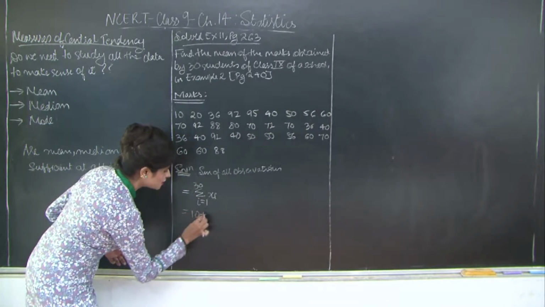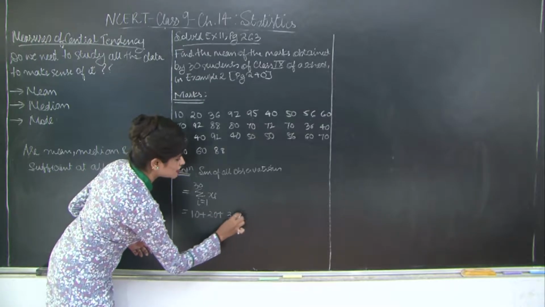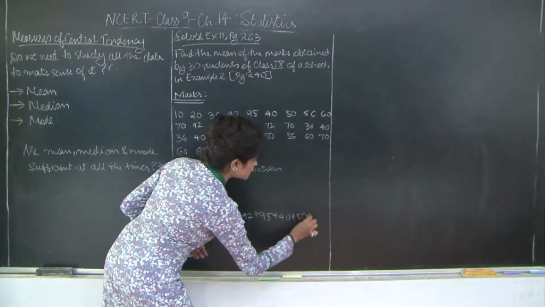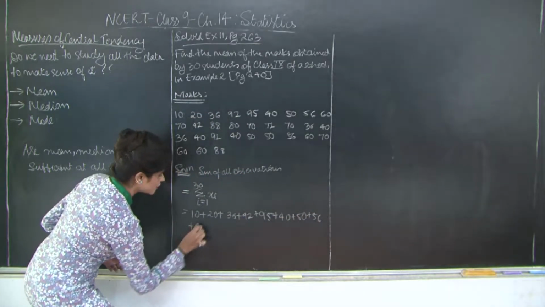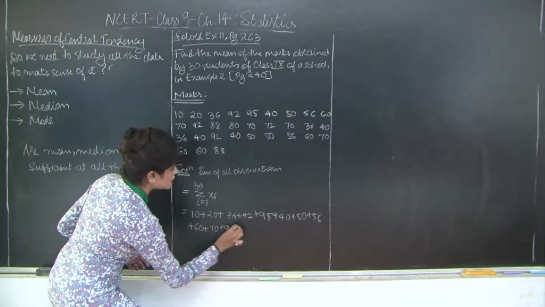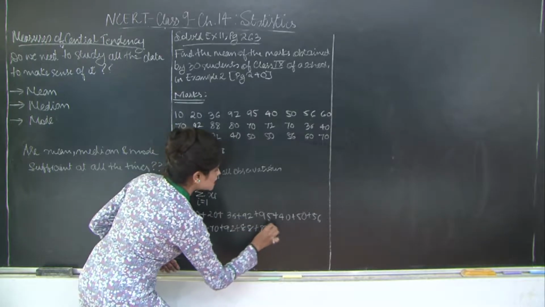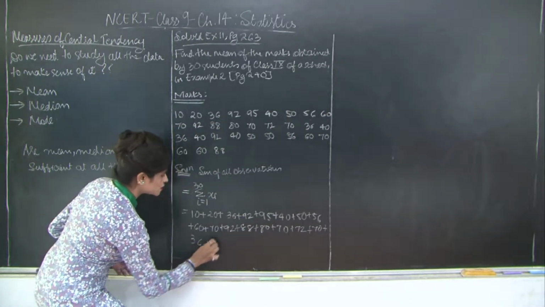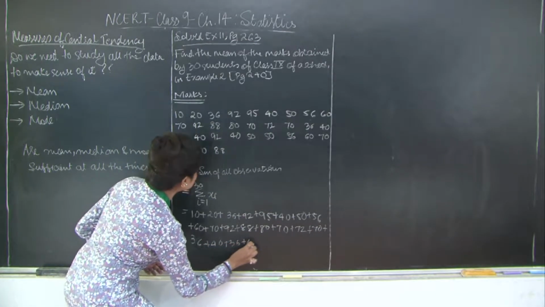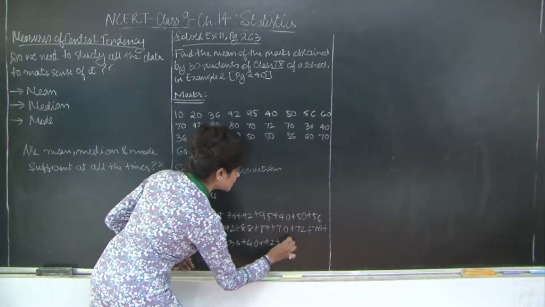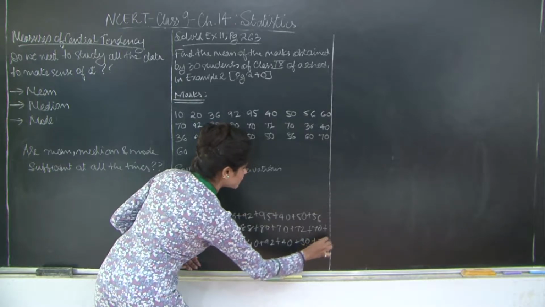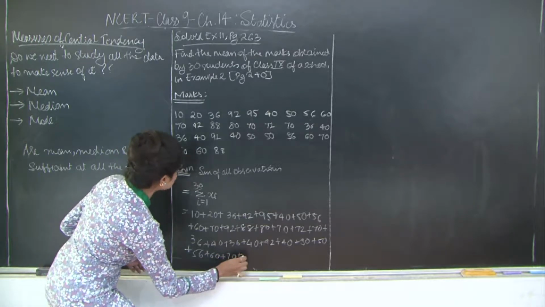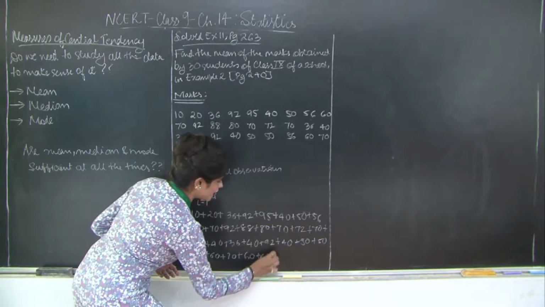Let's write this down. 10 plus 20 plus 36 plus 92 plus 95 plus 40 plus 50 plus 56 plus 60 plus 70 plus 92 plus 88 plus 80 plus 70 plus 72 plus 70 plus 36 plus 40 plus 36 plus 40 plus 92 plus 40 plus 50 plus 50 plus 56 plus 60 plus 70 plus 60 plus 60 and finally plus 88.